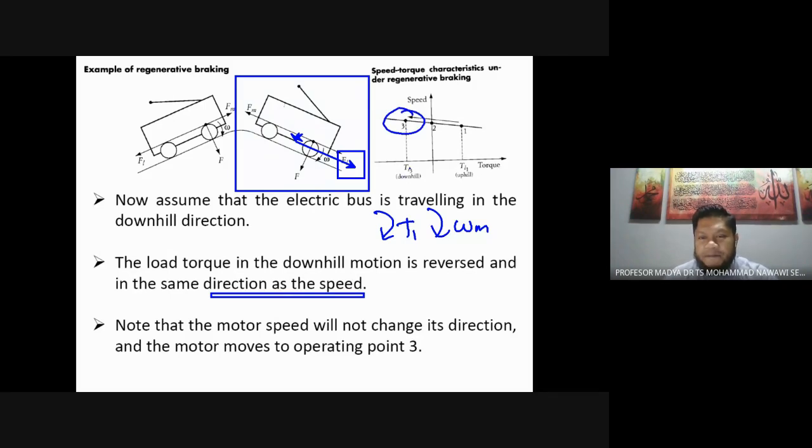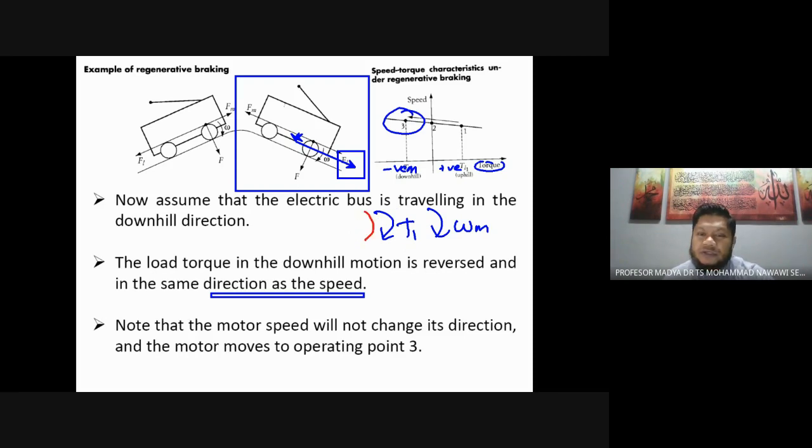So that's why I corrected this, it should be TM, not TL, because this is negative, isn't it? This torque here is negative torque. This is positive torque. Right, so that shouldn't be TL. It would be the motor torque, and the motor torque here is traveling in the reverse direction.